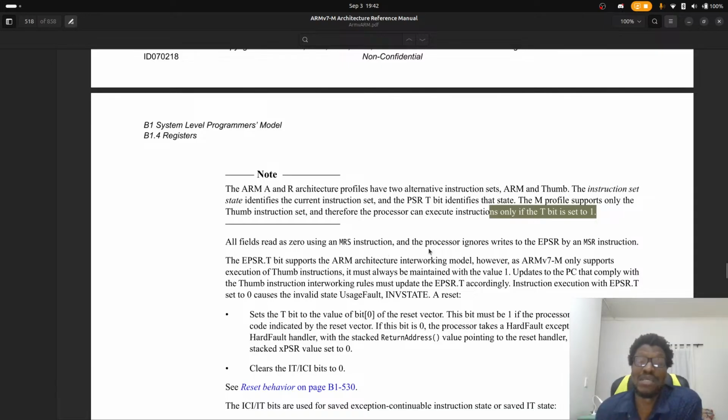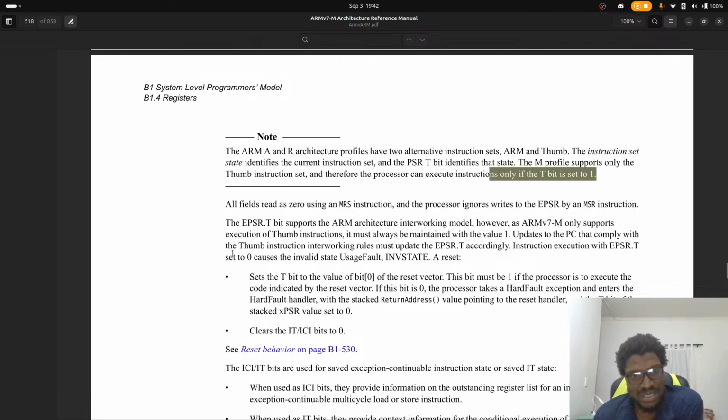MSR, MRS, move to special register, move from special register, something of the sort. I need to look at those 2, but I'm just guessing right now. So the EPSR T bit supports the ARM architecture interworking model. However, as ARMv7-M only supports execution of thumb instructions, it must always be maintained with the value 1.